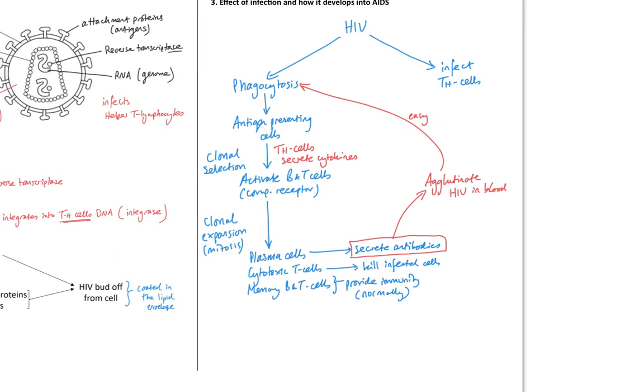So let's finish by putting a little asterisk up here on T helper cells. This is over many years. The number of TH cells decreases. Therefore, we can't complete clonal selection for any pathogen.